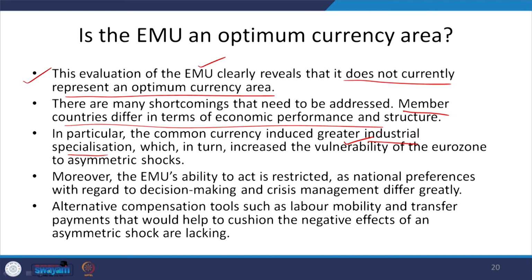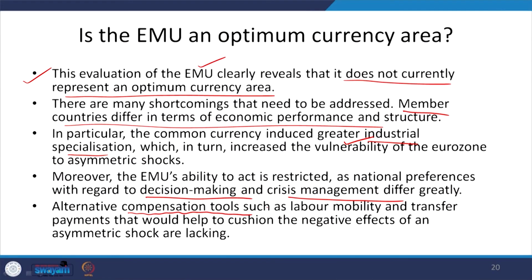Moreover, the EMU's ability to act is restricted, as national preferences with regard to decision making and crisis management differ greatly. There are lots of disputes and crises in different meetings, and that has led to differing strategies in decision making.